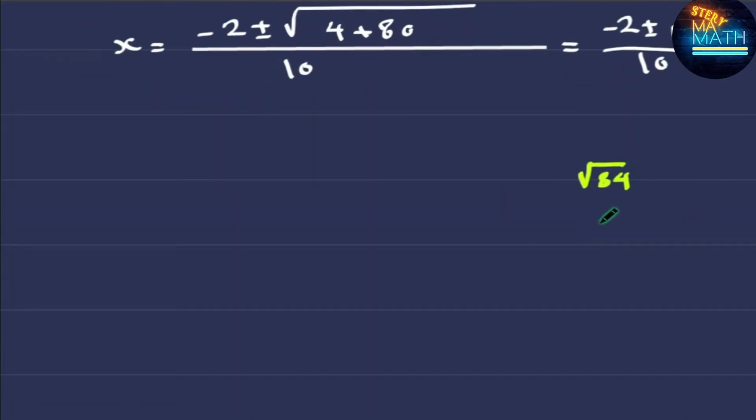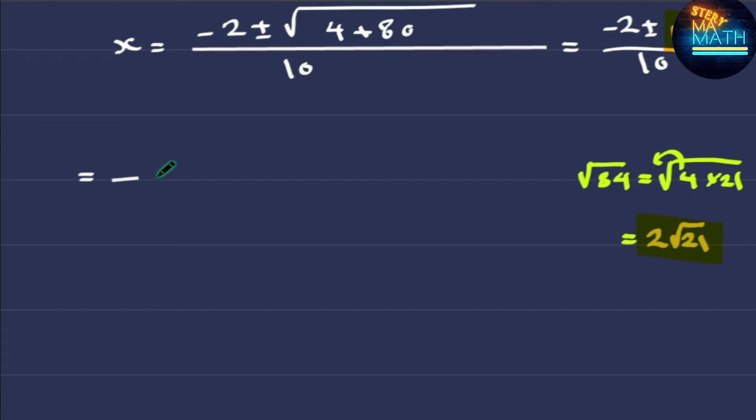If you can factor 84 as two factors where one of them has a square root, like 4 times 21, you have a square root for 4, and you don't have a square root for 21. So the square root of 4 is 2, and keep 21 under the square root, so it's equal to 2 square root of 21.